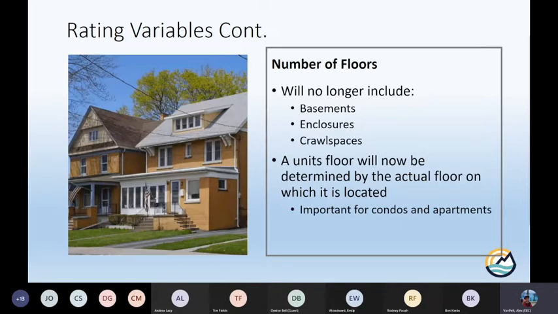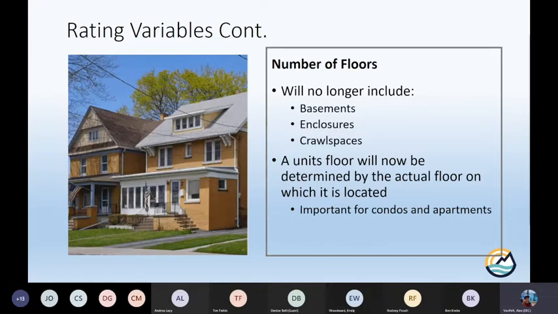But what they're going to consider now is, if you have multiple floors, the area above a certain height is less likely to have flood damages. If it's going to take 10 extra feet of water to get up into my second floor, that's less likely to flood than the first floor. So they're going to consider how many floors you have.